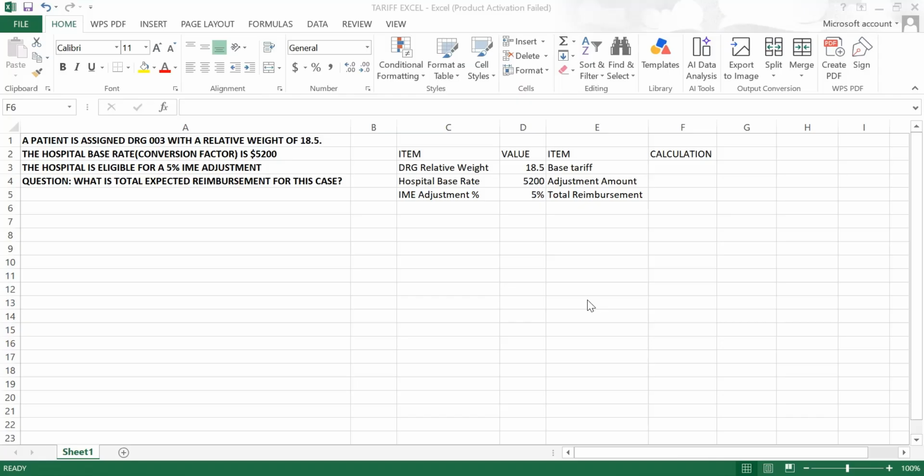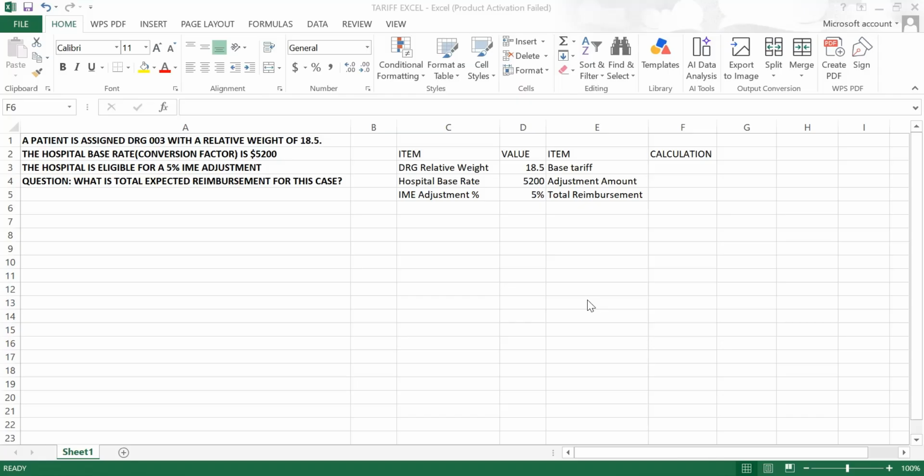On top of that, this hospital qualifies for a 5% IME adjustment, which stands for indirect medical education. This is an add-on payment that teaching hospitals receive to help cover the added cost of training residents and running academic programs. So the question is, what's the total expected reimbursement for this single case?